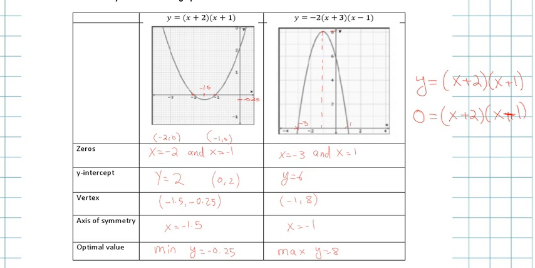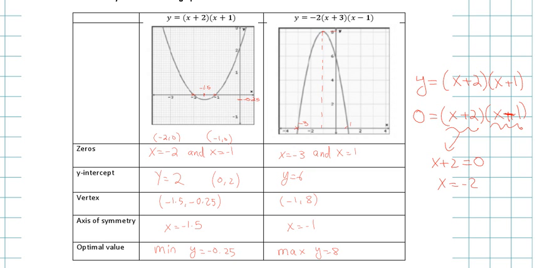When a number is multiplied by a 0, you get 0. The only time you're going to get a 0 is if you multiply this by a 0 or multiply this by a 0. So one of these brackets has to be a 0. When is this bracket equal to 0? Bring the 2 over, x equals negative 2.